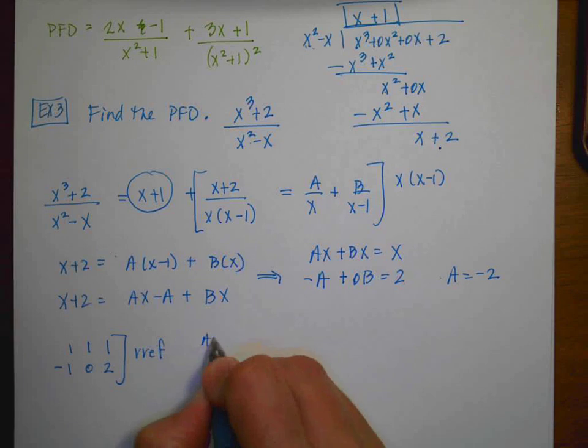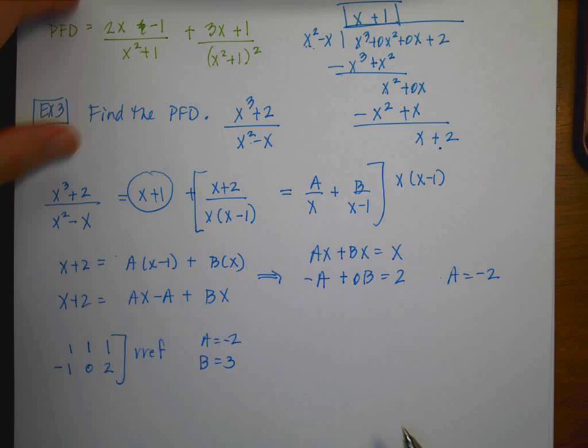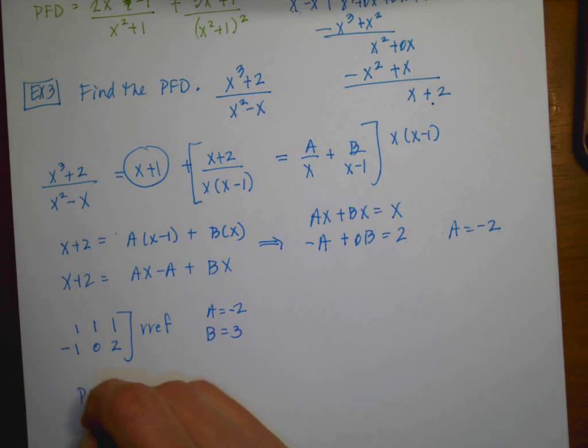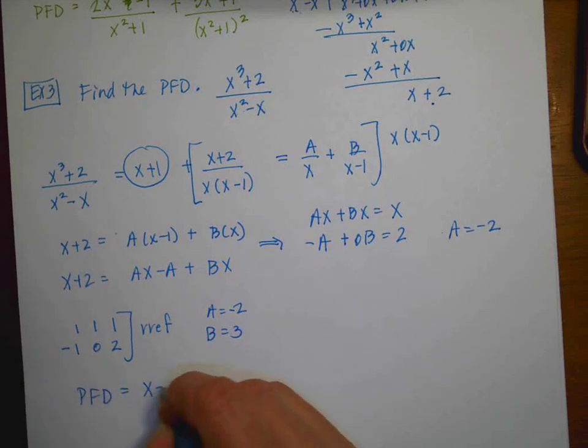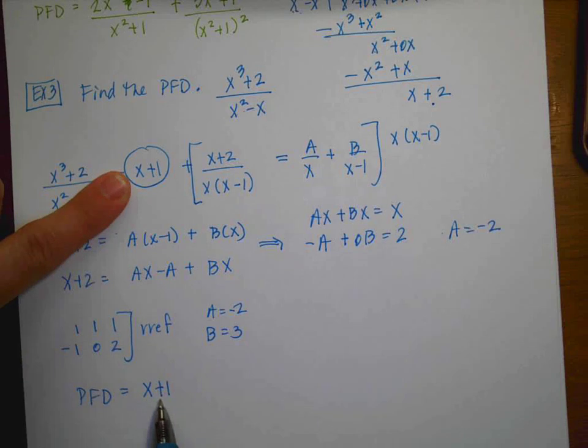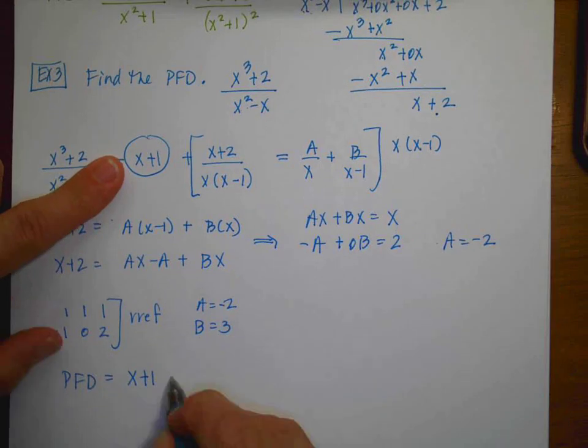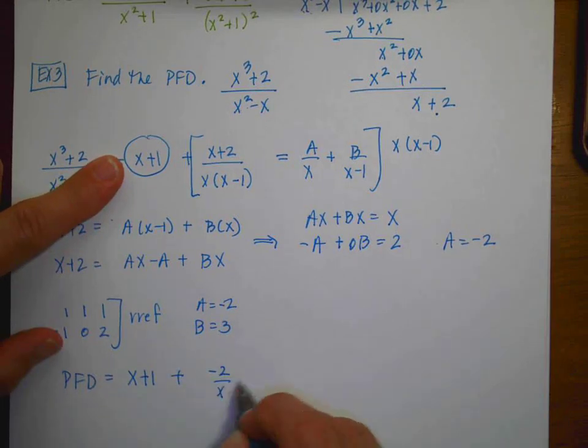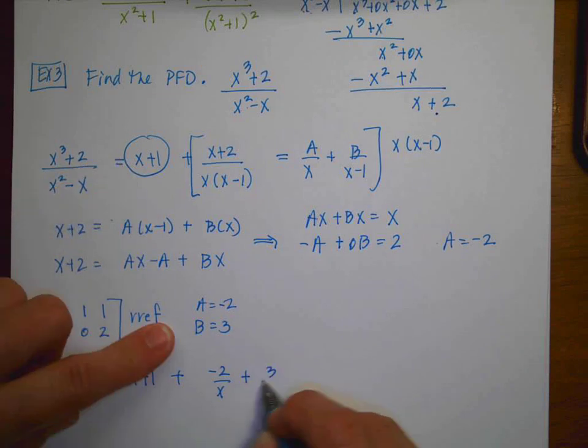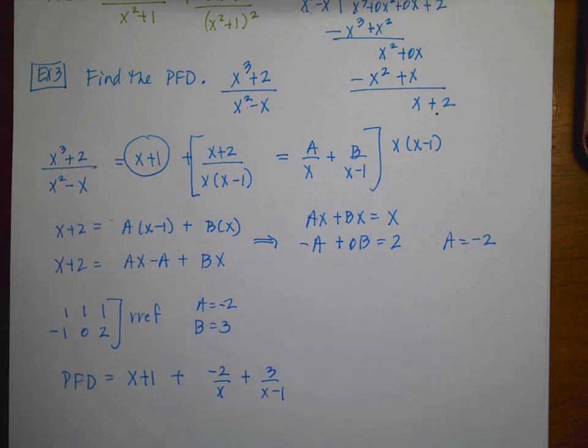Your choice how you choose to do the problem, but you get a is negative 2, and b is 3. So now when I write my partial fraction decomposition, it's the original piece, this was the quotient from the long division, plus a negative 2 over x plus my 3 over x minus 1.